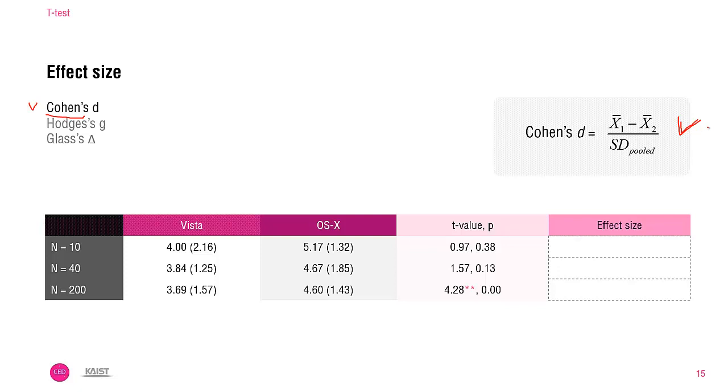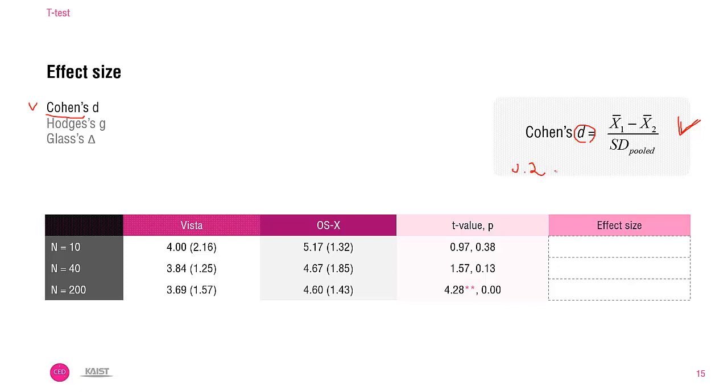And after you have calculated the d value, the Cohen's d value, you can refer to the following adjustment criteria. When the absolute value of d is below 0.2, the effect size is known to be small.